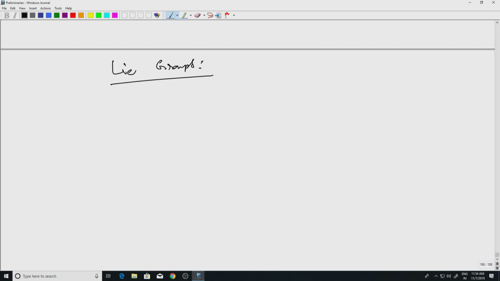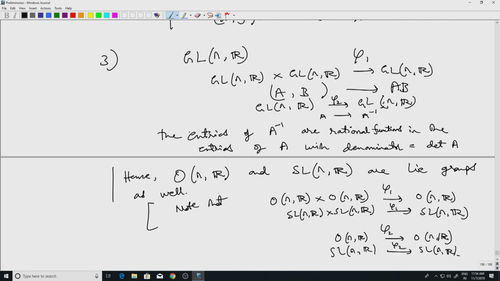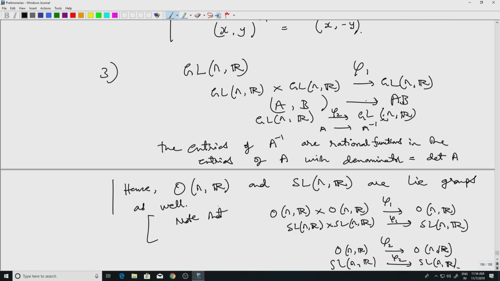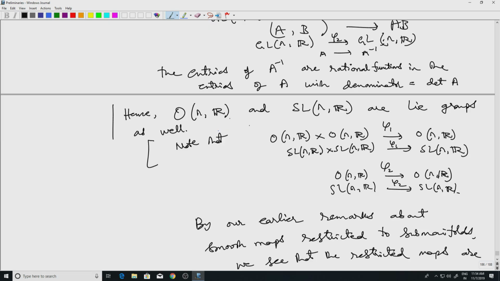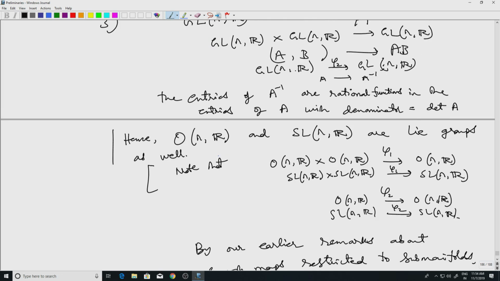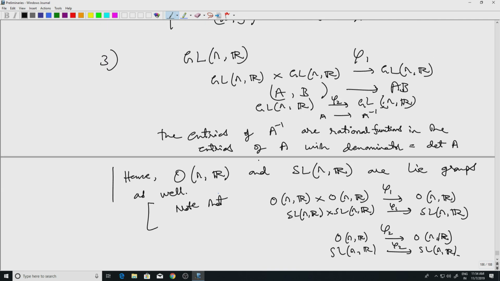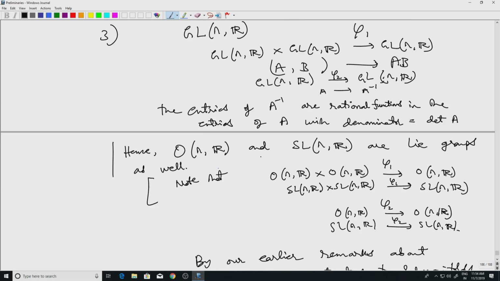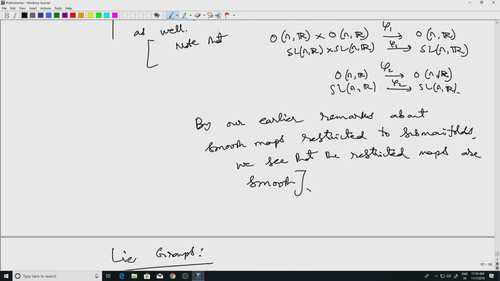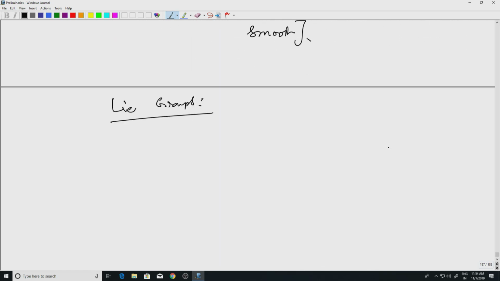And we saw that GL(n,R) is a Lie group, and because the orthogonal group and SL(n,R) are submanifolds of GL(n,R), the fact that multiplication on GL(n,R) is smooth will immediately imply that the corresponding operations on these groups are smooth as well. So these are also Lie groups.